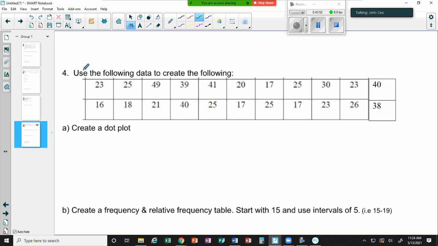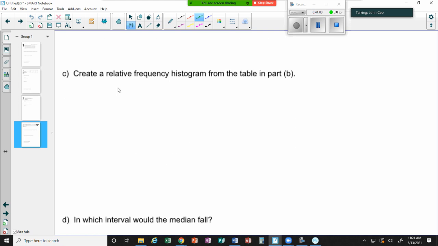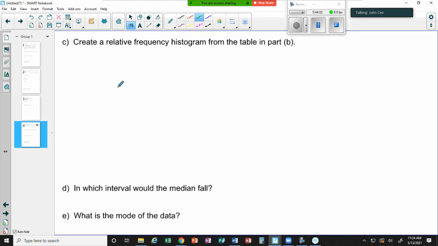So create a dot plot, create a frequency and relative frequency table, with the intervals given, and create a relative frequency histogram. Now, D and E, we'll come back and revisit those because we haven't talked about median or mode yet.